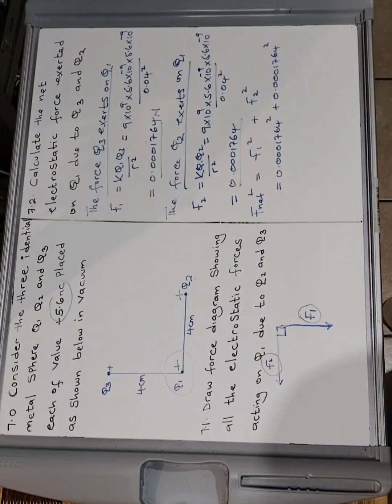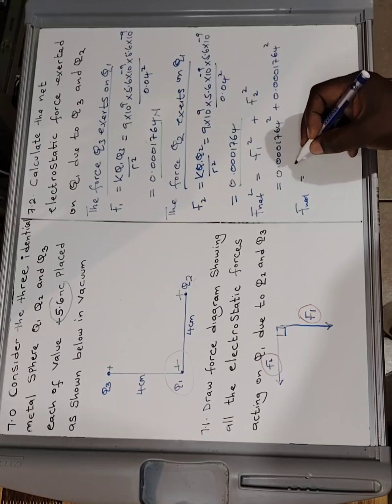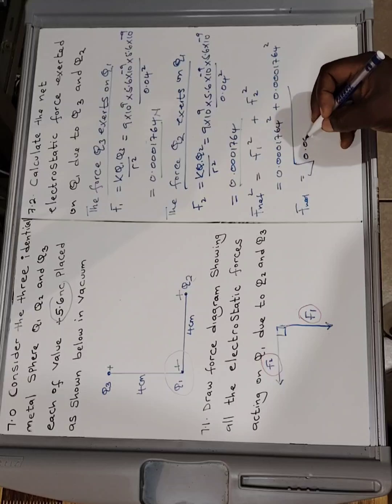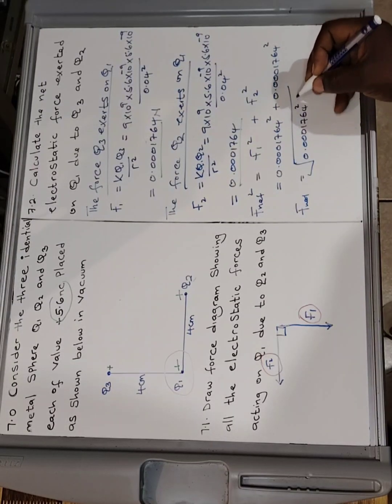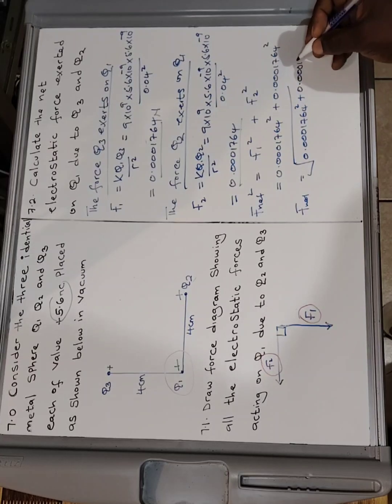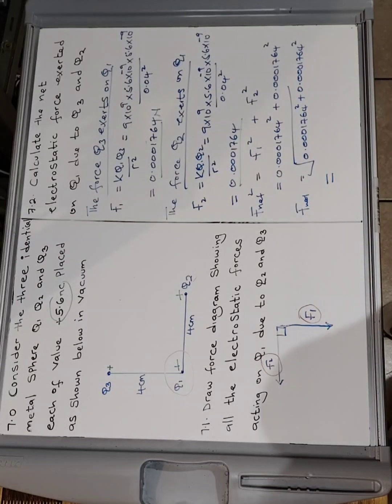This is what we get after substitution. What is the next step? It is to find the square root of 0.000176 squared plus 0.000176 squared. What you get out of that will be the F net.